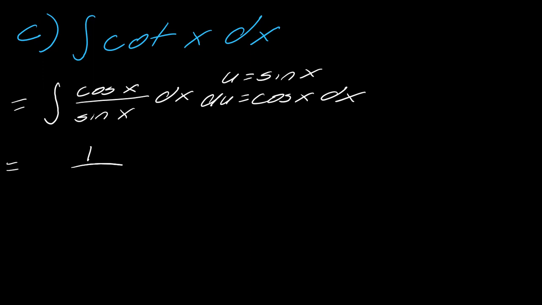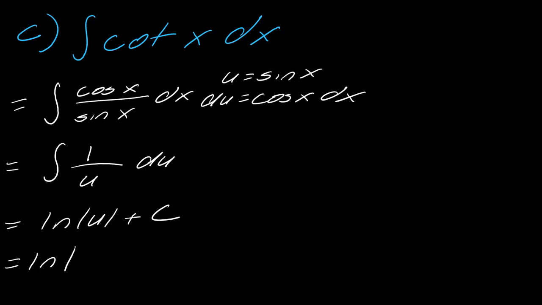And so then this will be the integral of 1 over u du, and so then I get the natural log of the absolute value of u plus c, and then this will be the natural log of sine of x plus c. So very similar flow to doing tangent.